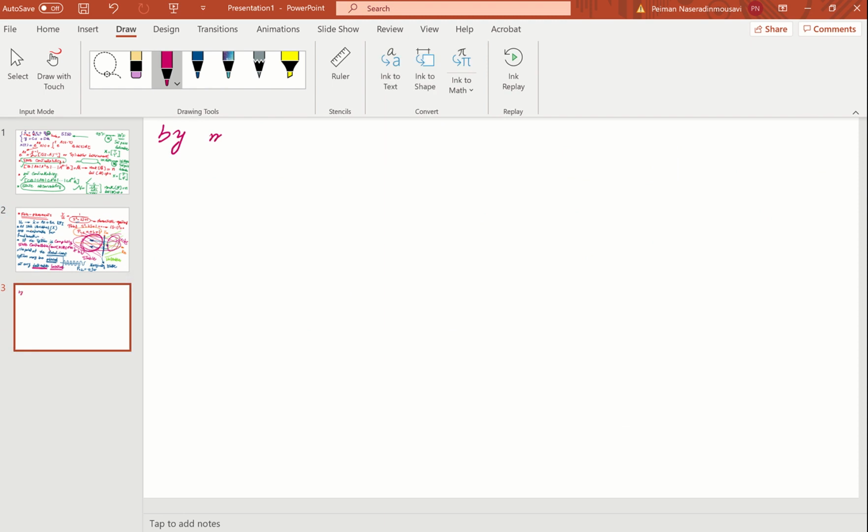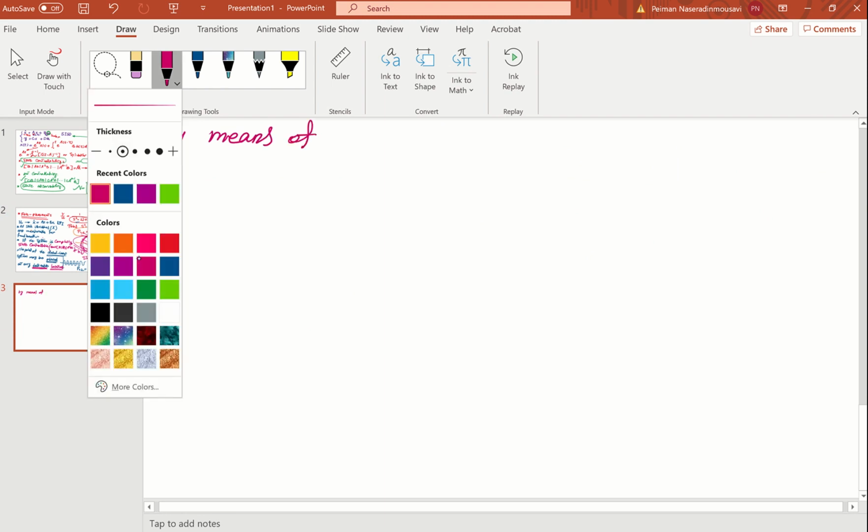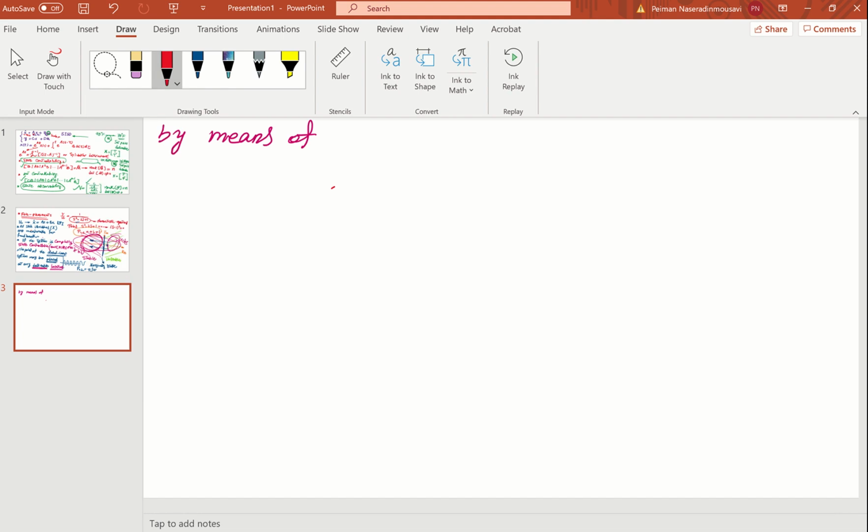By means of, I'm changing the color because it's very important. By means of state feedback, this is the controller that you're going to do in this course.